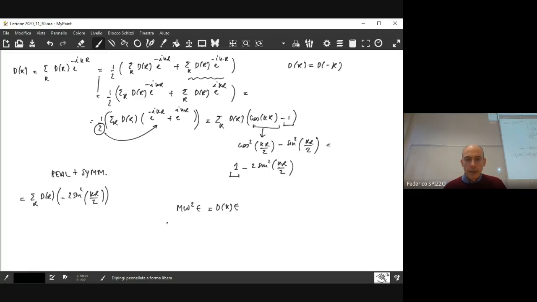So for each value of k belonging to the reciprocal space, in particular belonging to the first Brillouin zone, we may find 3 solutions.